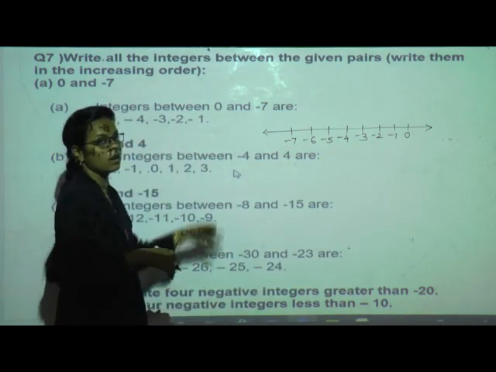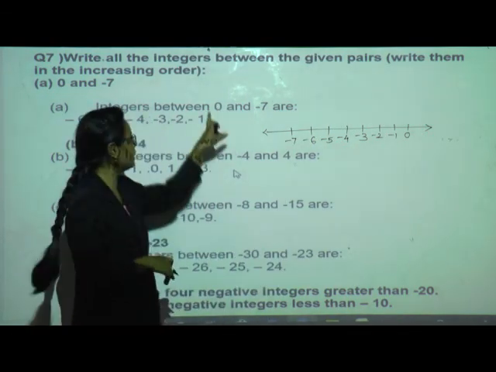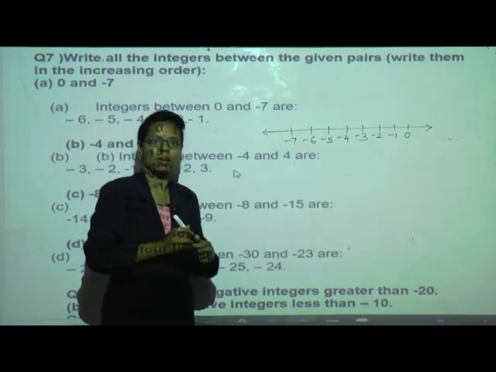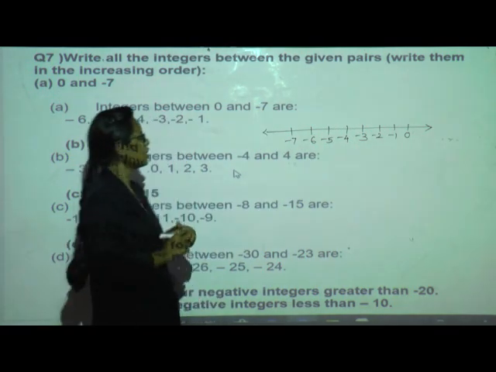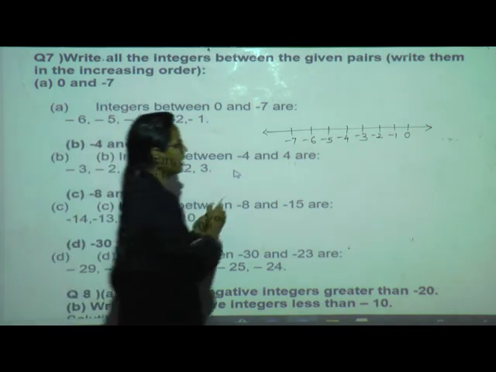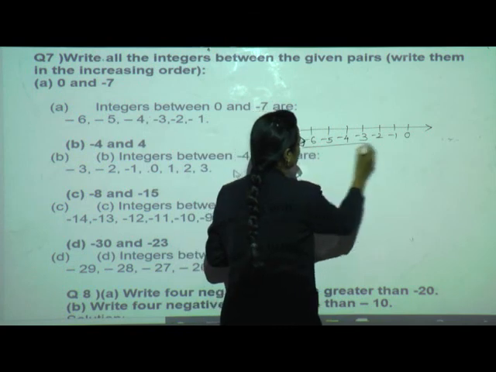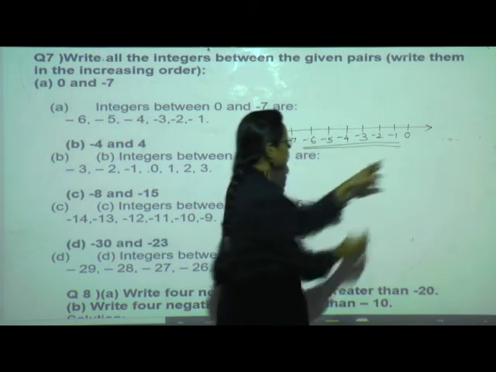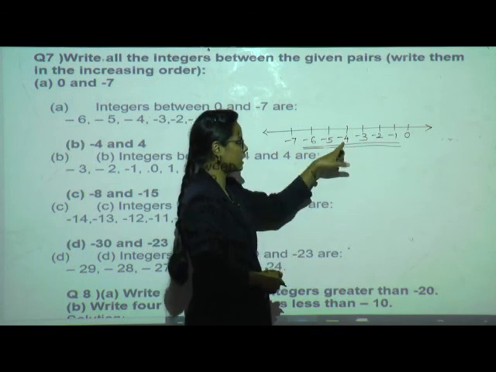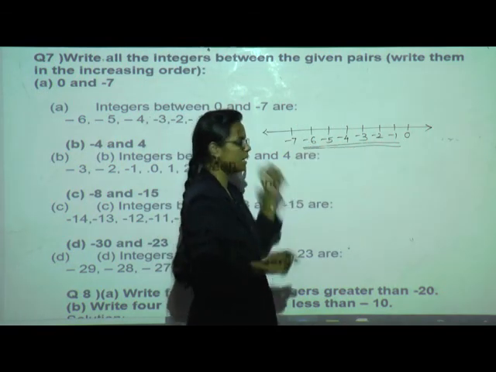Because we have to find the integers between 0 and minus 7, I have written only the negative integers. The integers between 0 and minus 7 are minus 1, minus 2, minus 3, minus 4, minus 5 and minus 6.